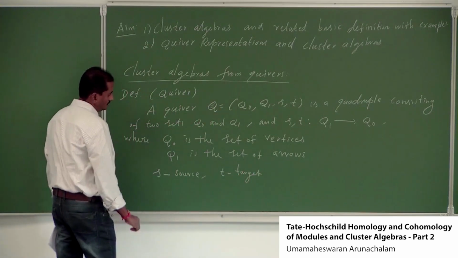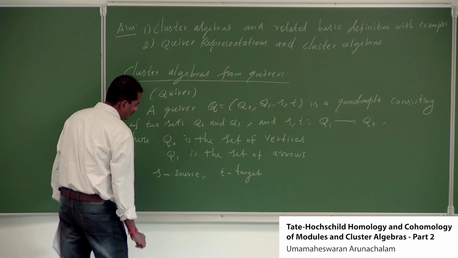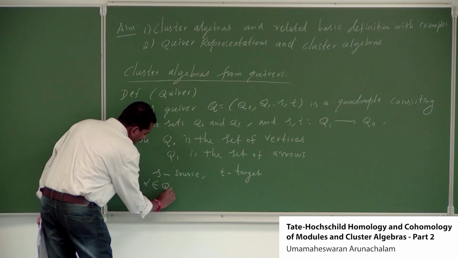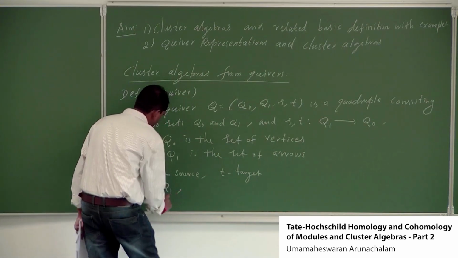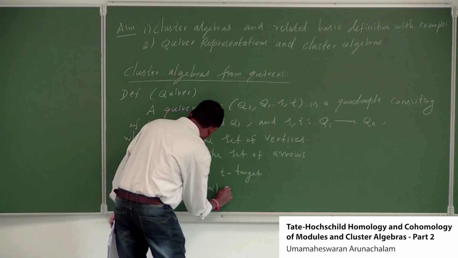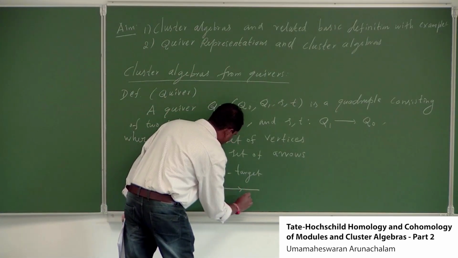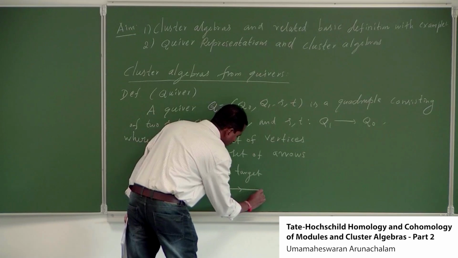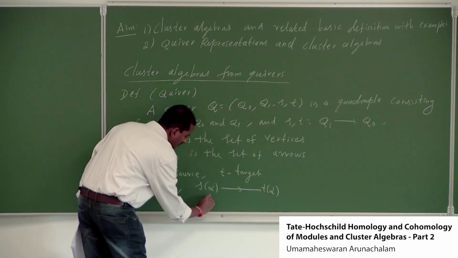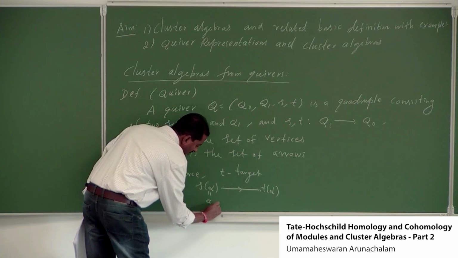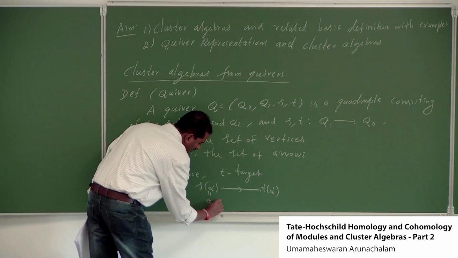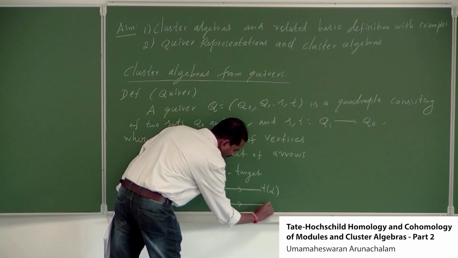Suppose alpha belongs to Q1, for any arrow. Then s of alpha is the source and t of alpha is the target. Usually we take a point a for s of alpha and b for t of alpha, so this arrow goes from a to b.